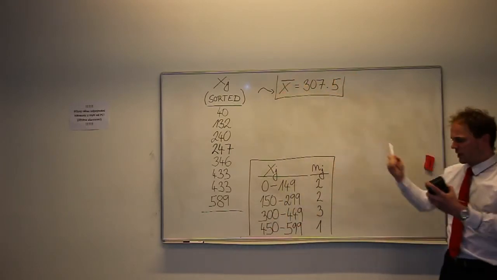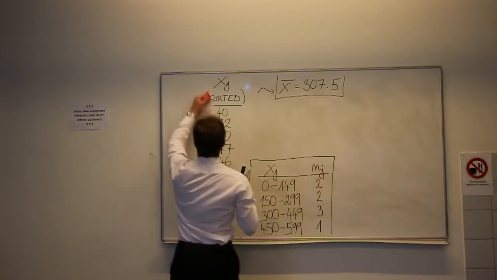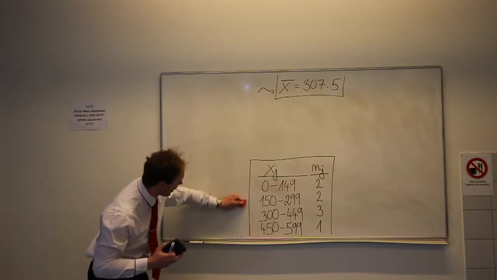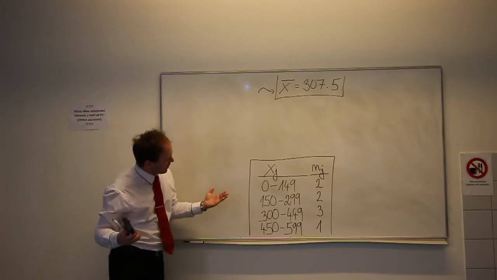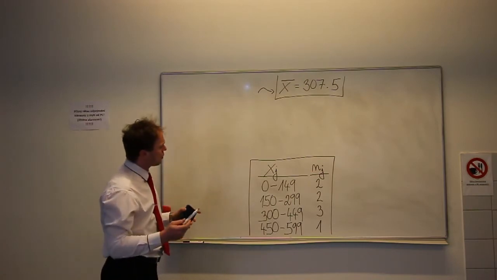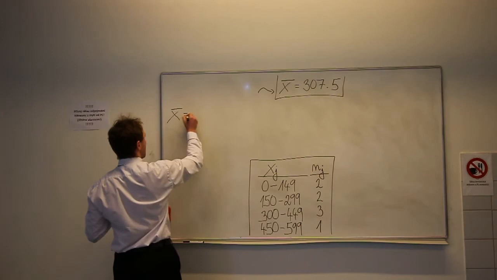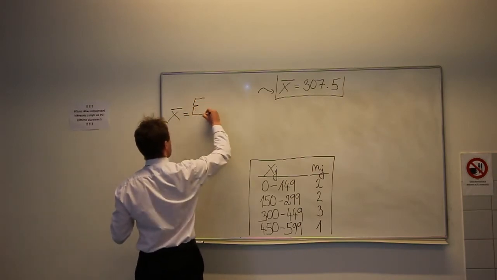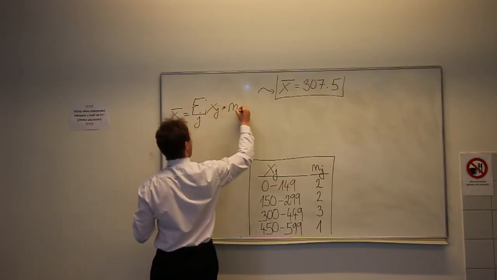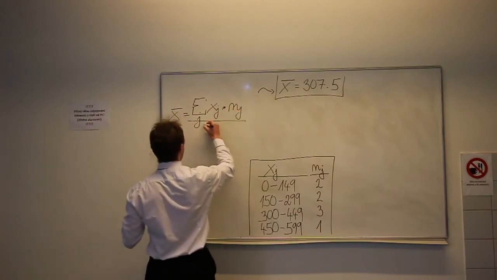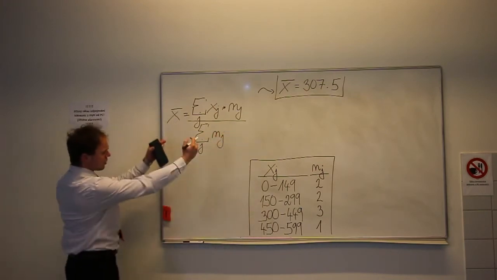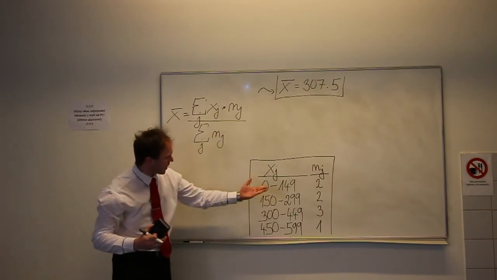Now I don't have this column anymore, I have only the table of frequencies, and I would like to use the weighted arithmetical mean, summation through all j of xj weighted by nj, divided by summation through all j of nj.